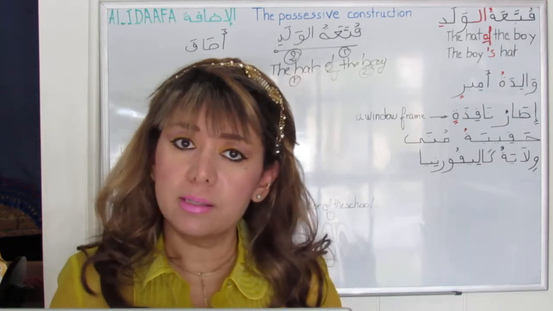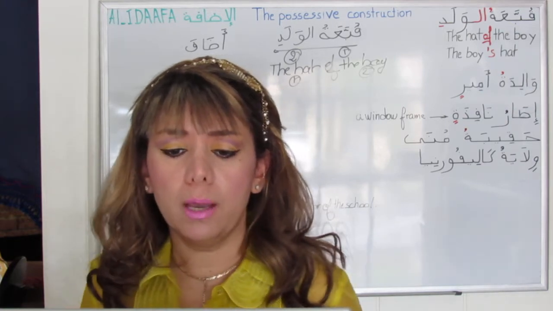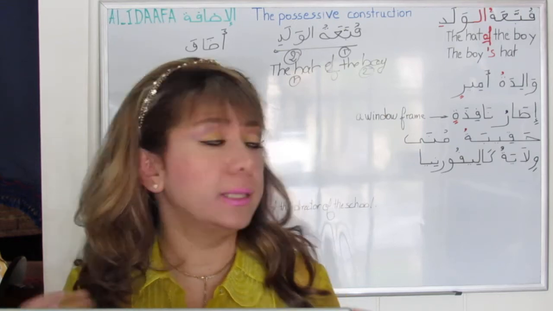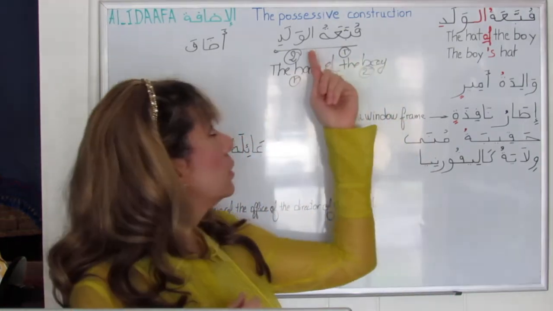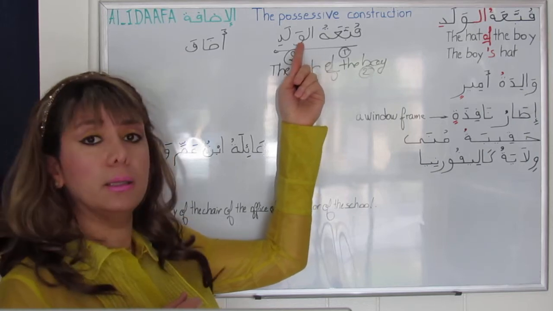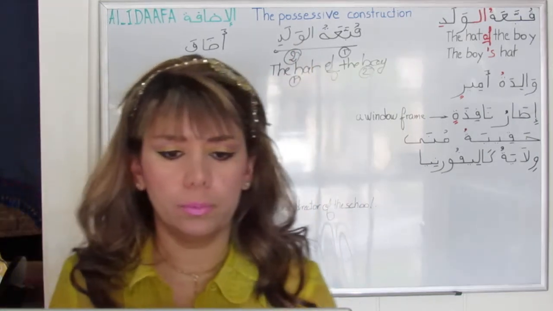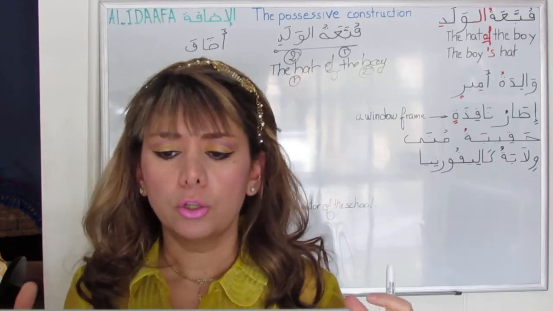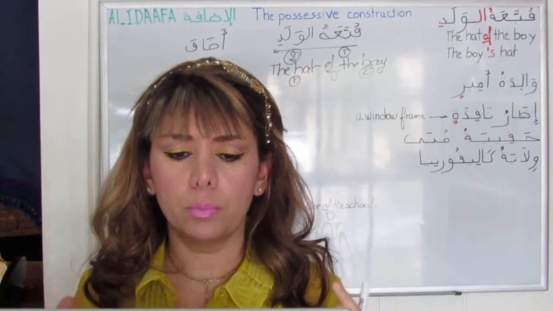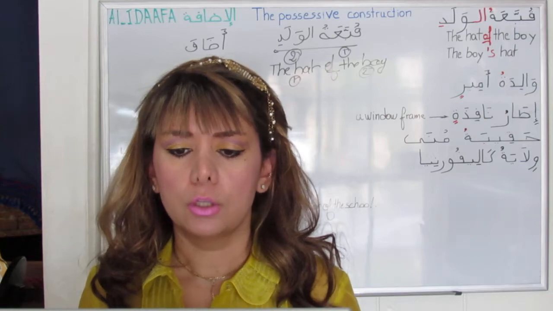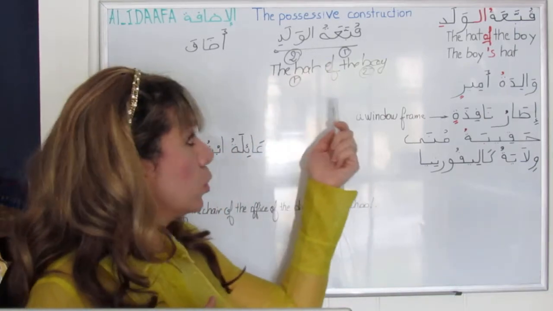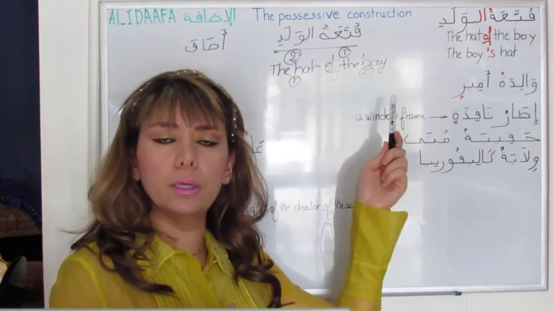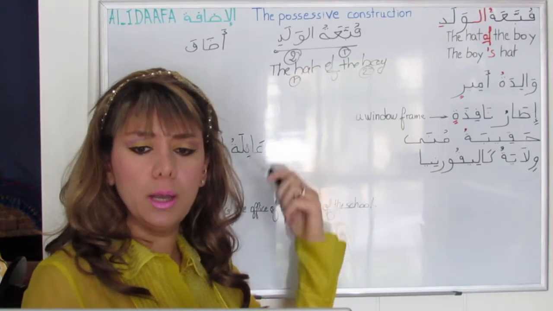And these are simple idafas because we have just two nouns, the head, the modified noun, and the dependent, the modifier noun. The dependent noun modifies the head by expressing some property of it. So, the hat of the boy, the hat belongs to the boy. The boy owns the hat.